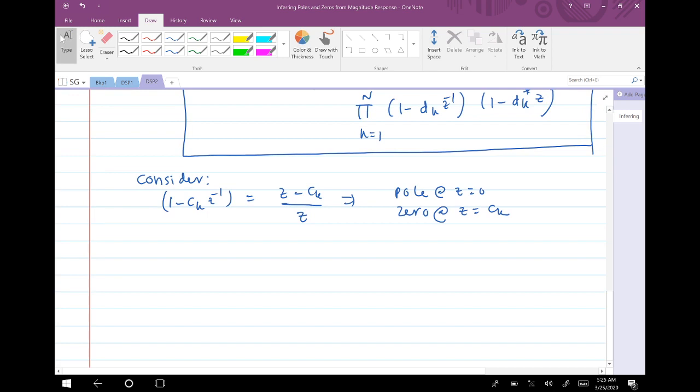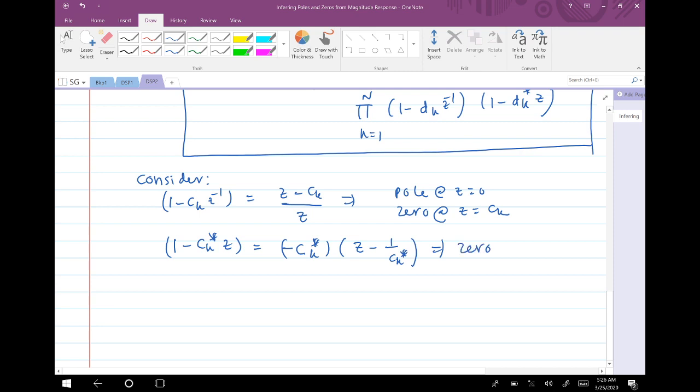Now take another term, ck conjugate into z. I could write it by taking minus ck conjugate out. This would be 1 minus, then z minus 1 by ck conjugate, which implies it has a zero.